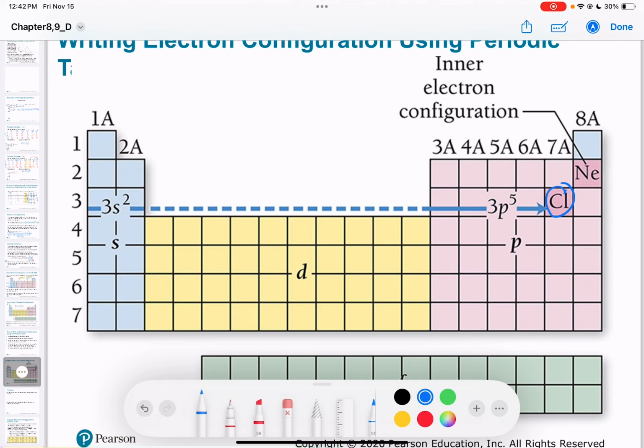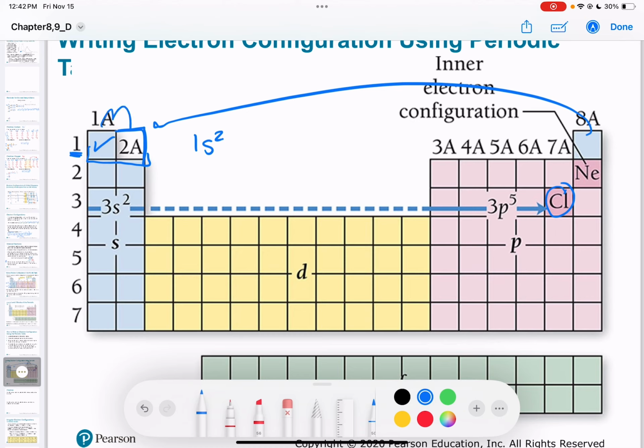If we wanted to identify the electron configuration for chlorine, we would start at the beginning of the periodic table and say 1s. In this case, helium really should be over here, okay? So we should say 1s2, by starting at row 1, the S block, and filling in those 2 blocks.